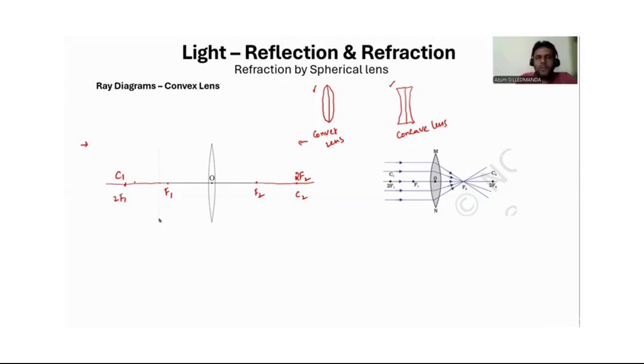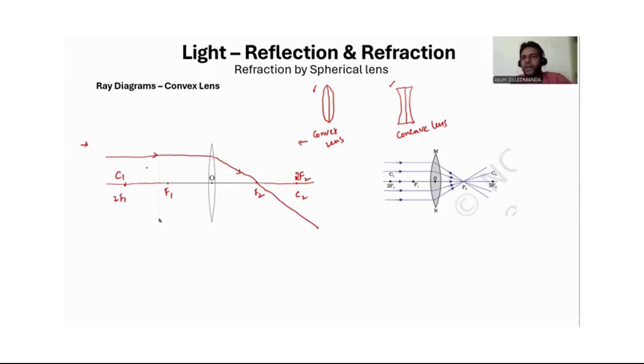Now, what happens if a straight line parallel to the principal axis hits the convex lens? It travels through the focus point on the other side of the lens. You understood?